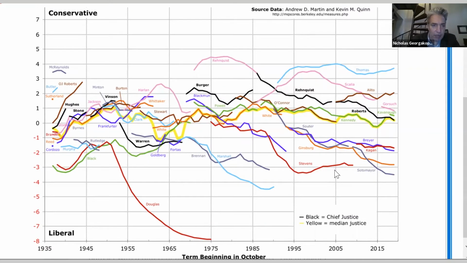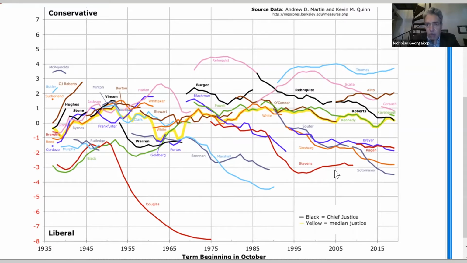So most constitutional law scholars would argue that the court today is much more conservative than it was in 1955, but these graphs don't really show that drift.